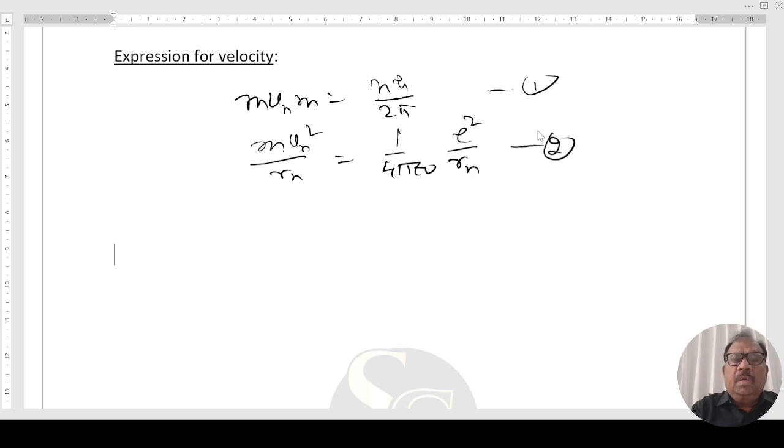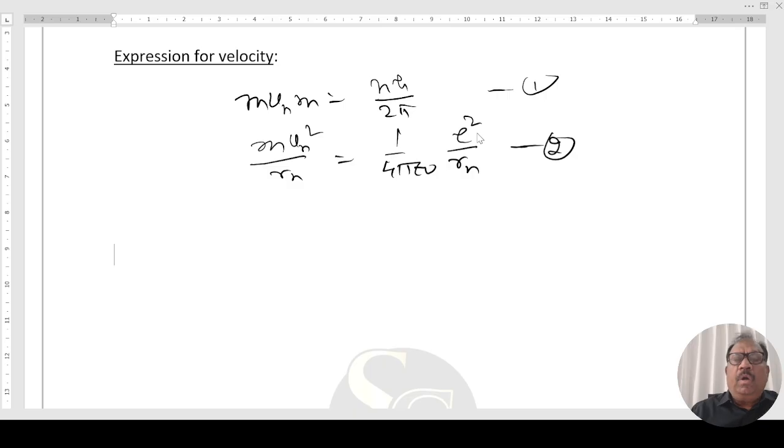In this case, the centripetal force acting radially inward is being provided by the force of attraction between the electron, which is revolving around the orbit, and the proton available in the nucleus.